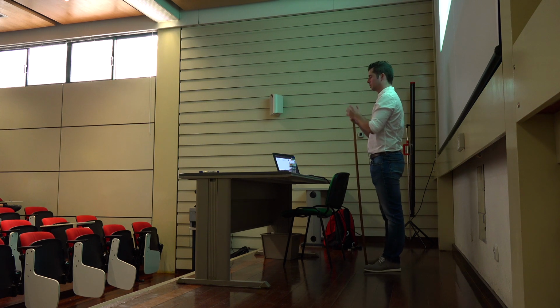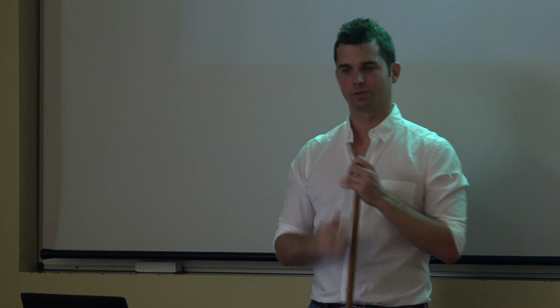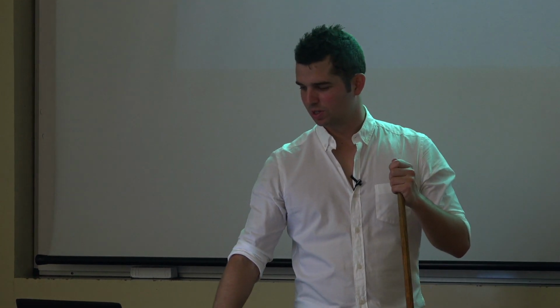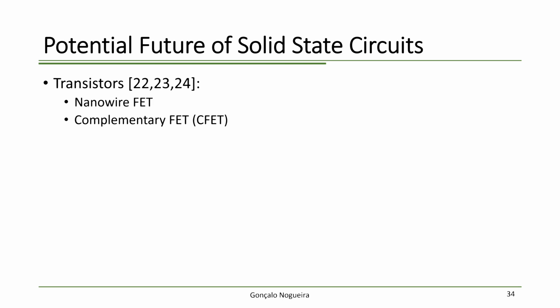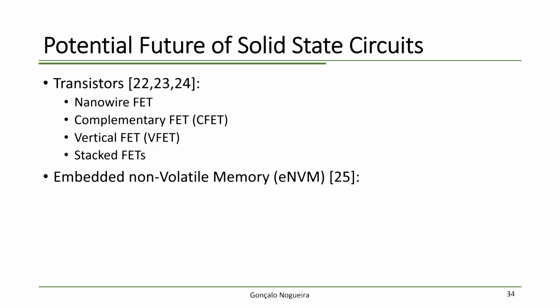So now on to the potential future of solid-state circuits. I want to speak to you about the potential transistors that are coming. These are nanowire FET, complementary FET, vertical FET, and stacked FETs. This is the expected evolution.